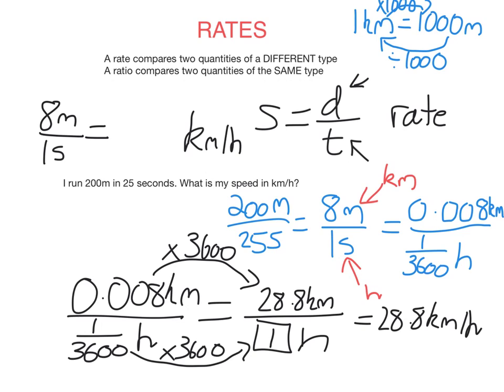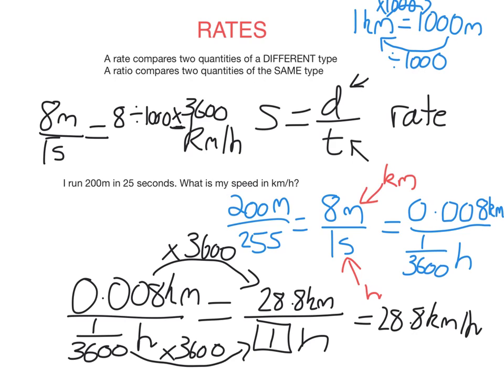So what I need to do is take 8, divide it by 1,000 to put it into kilometres, but then multiply by 3,600. Now what makes this confusing is that I'm multiplying by 3,600, even though I told you to go from seconds to hours, you need to divide by 3,600.